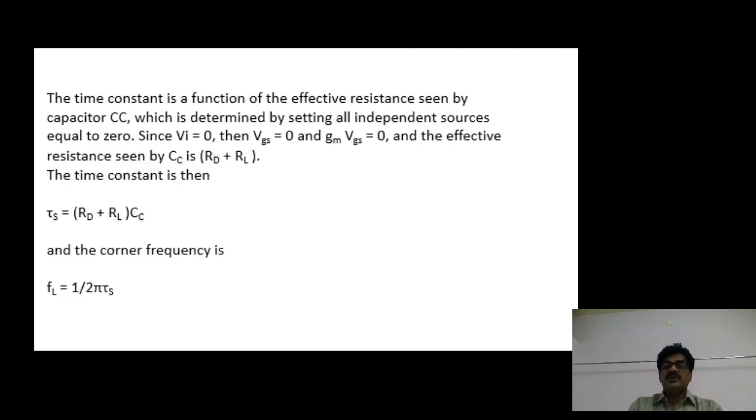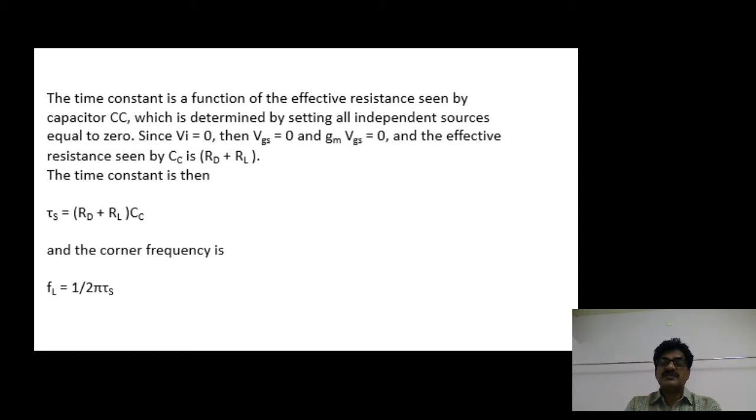Now with reference to this, the time constant is found by looking through the coupling capacitor CC. While looking, the independent sources must be 0, right? Independent sources must be 0 means Vi is 0. So when Vi is 0, VGS is also 0, and hence GM VGS is 0.